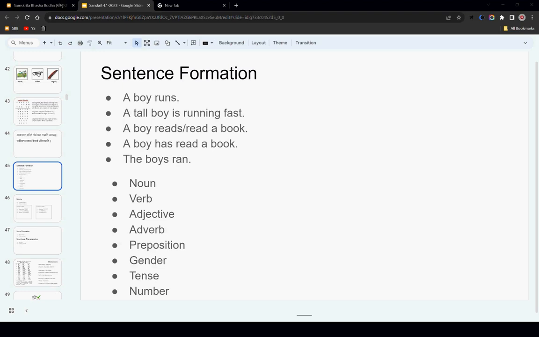And tenses: when is the action taking place? We saw that there are three main tenses, or times when an action takes place: present, past, future. Then there is a number also. Number is attributed to nouns.